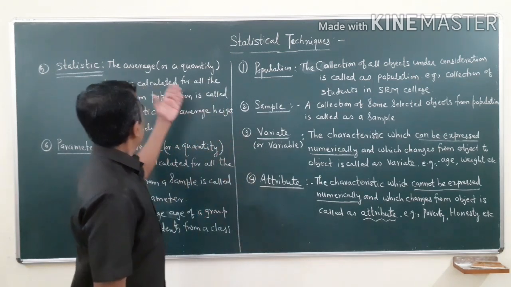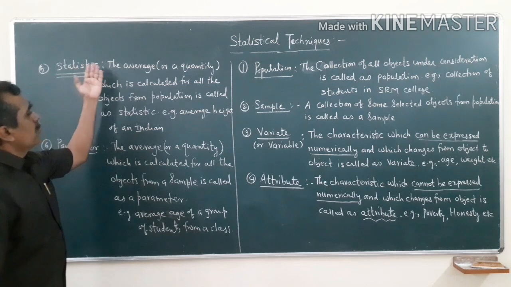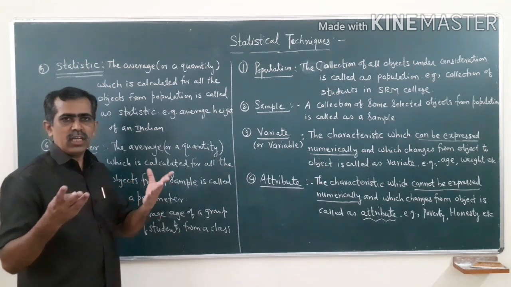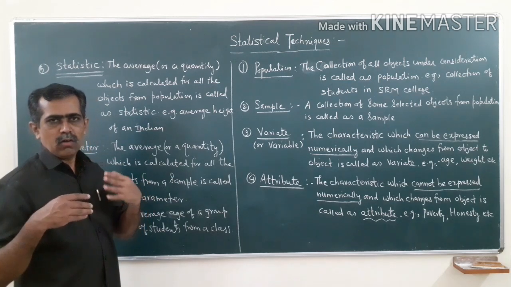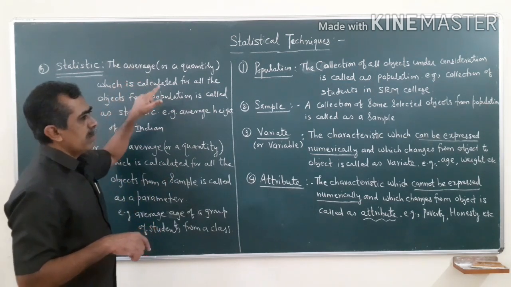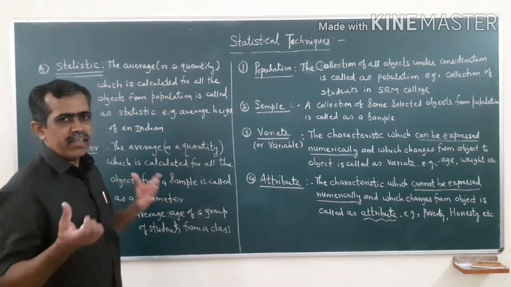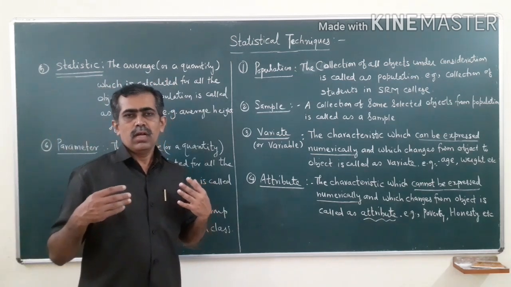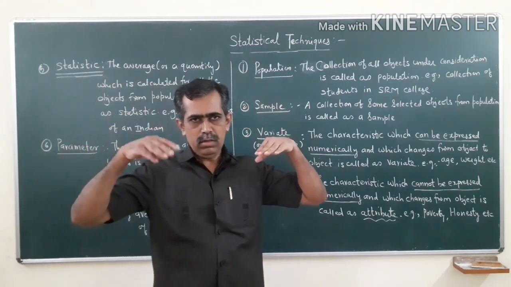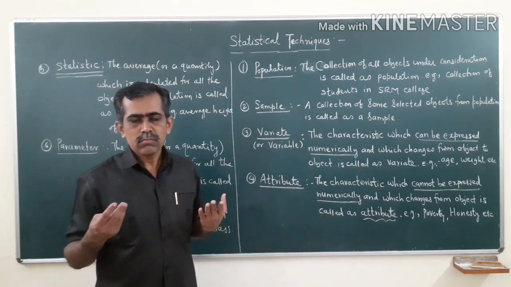Now come to some more concepts. See, once we collect the data about any characteristic, about any variable, and we find an answer, for example, suppose we collect the height of all Indians.